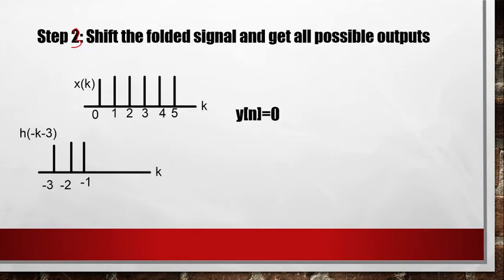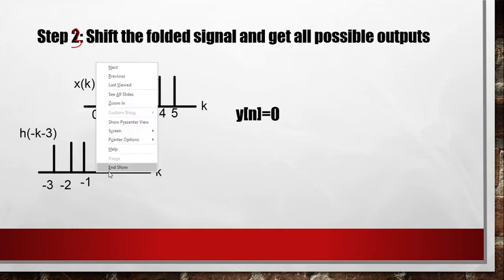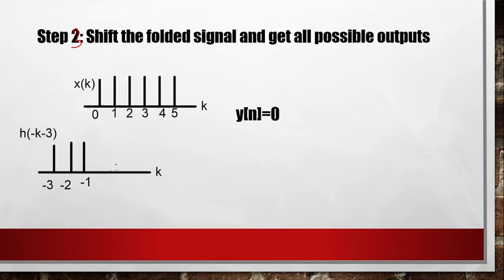So here, I have shifted the folded signal 3 times in the left hand side. Now try to understand that this is 0, this is 0, all the parts 0.